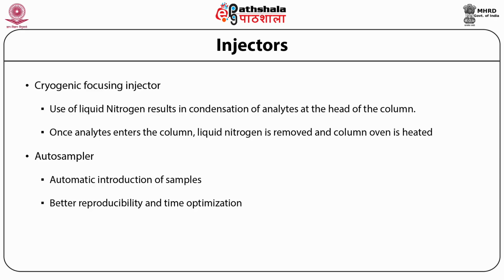Auto samplers can be used to inject up to 150 samples, precisely the same amount of sample injected every time. Although gas chromatography systems have the choice of manual insertion of samples, it is very rarely used because these automatic samplers can consistently and precisely reproduce small volume injections and save considerable labor costs.